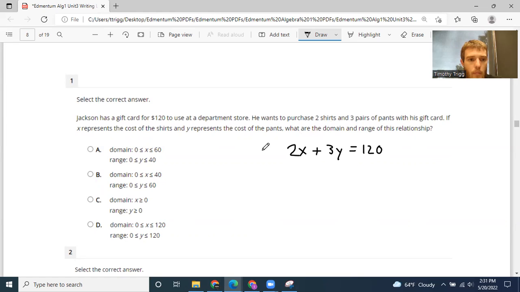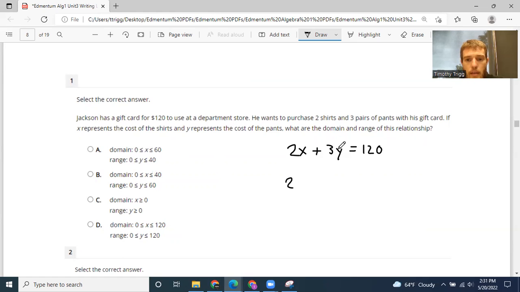X represents the cost of the shirts, Y represents the cost of pants. What are the domain and range of this relationship? Well, they can't cost less than 0. And let's say he only buys shirts.